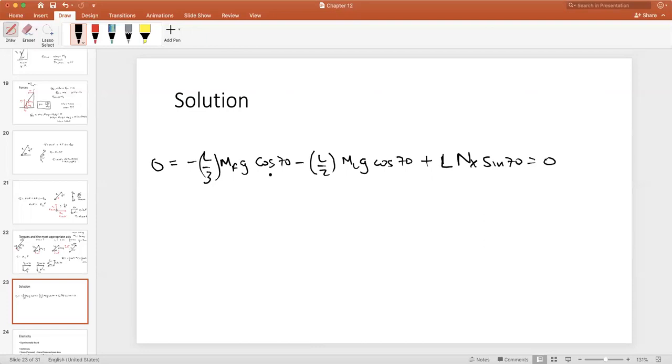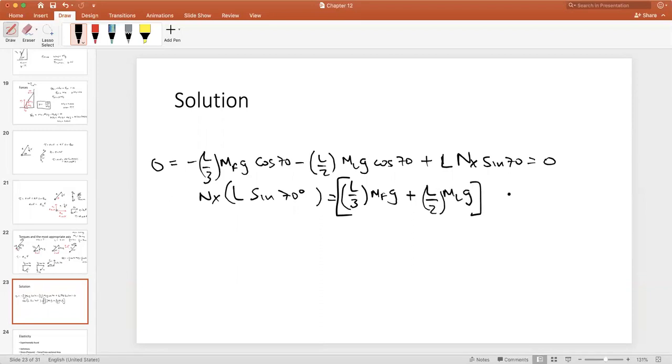So let's move all of this stuff over there, and we get L times sine of 70 degrees times n_x is equal to L/3 times m_f g plus L/2 times m_l g, all times cosine of 70.